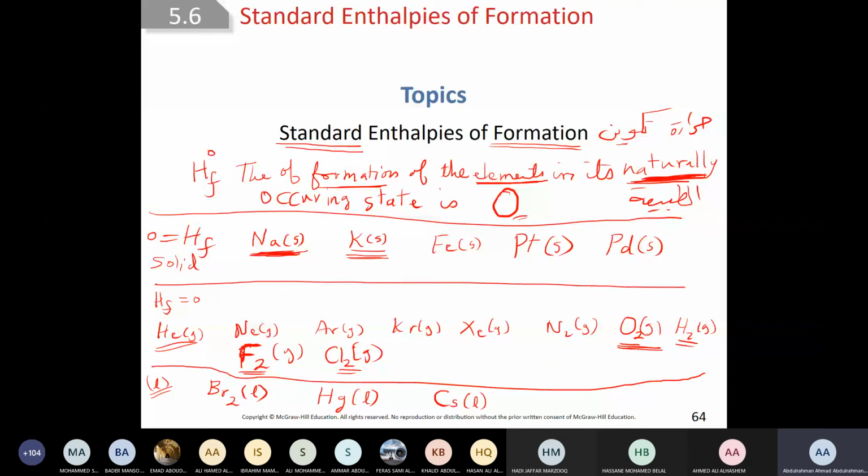Is this clear? Now, what is the heat of formation? The heat of formation is the energy required to make a compound from naturally occurring elements. If I want to know the heat of formation of H2SO4, for example, then I need to make this compound from naturally occurring elements.